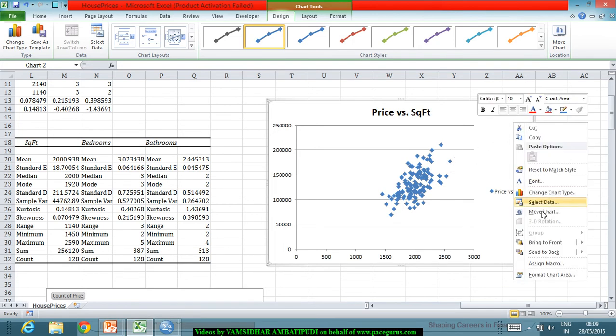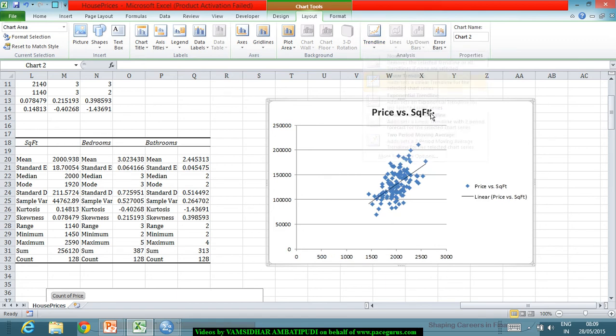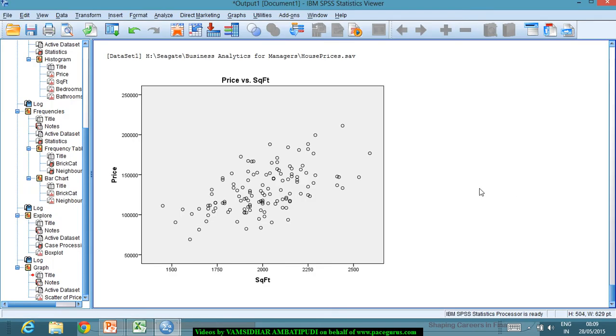And if possible, I can even see the trend that is present in it by going into the trend lines and plotting a linear trend line. There is an upward sloping trend line being displayed. Even here I could see some such upward sloping stuff, which means as the square foot is increasing, the price is increasing, which is quite normal for us to understand.